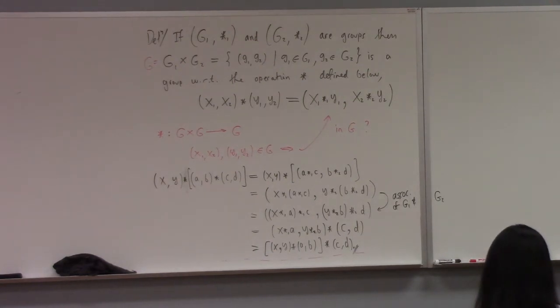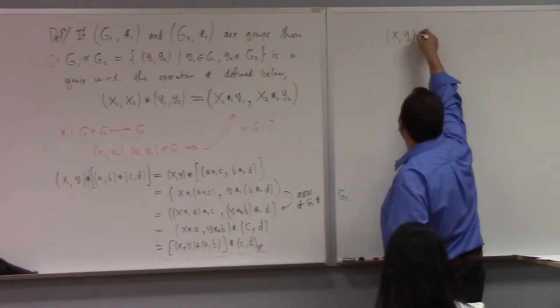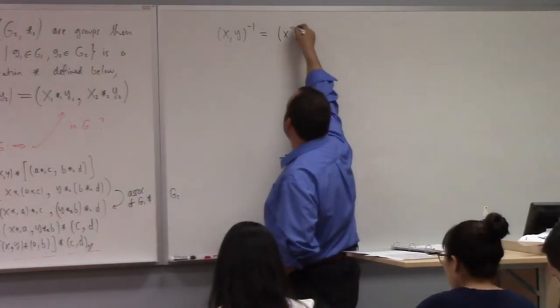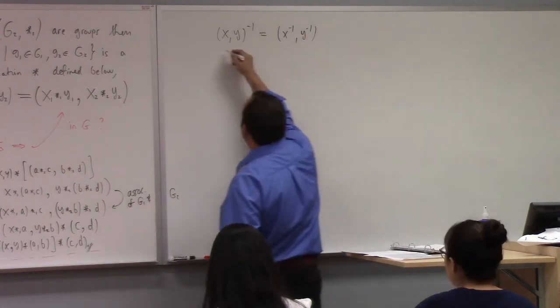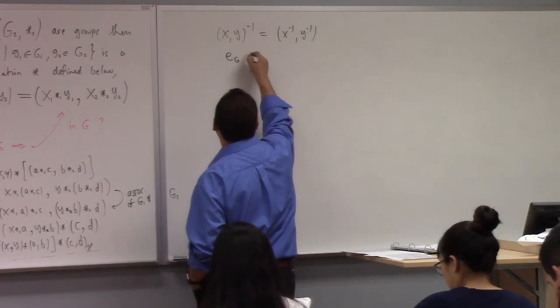What is left? We have binary, we have associativity, we need to check inverses and the identity. What would the inverse of (x, y) be? It's actually going to be (x inverse, y inverse). You can check that. Also, the identity: guess what?